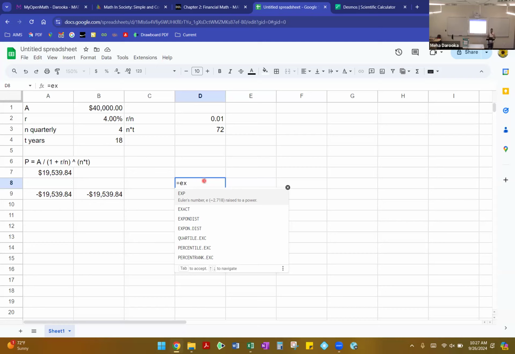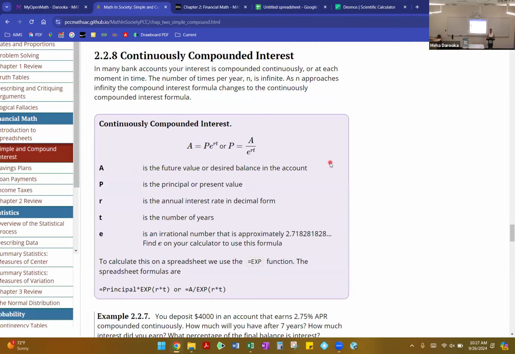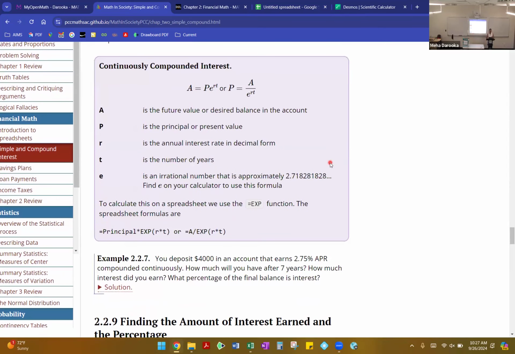So EXP, and then when you do the parentheses, you'll actually be putting what the exponent will be. So we'll play around with that, but it is in Excel, Google also. Okay, so the PERT formula is what we use for continuous compounding, and they did actually kind of break that down for us here. In the textbook, you use the equal to exp function for the exponential natural number e.